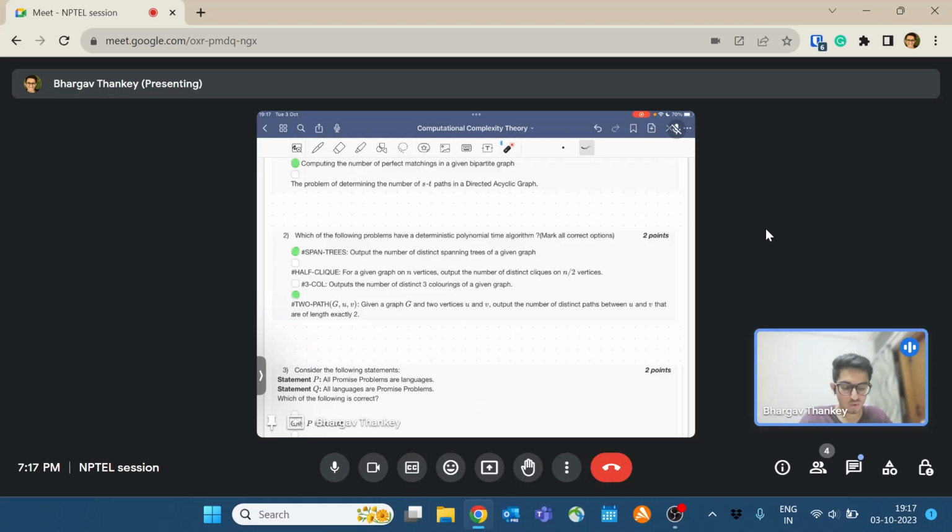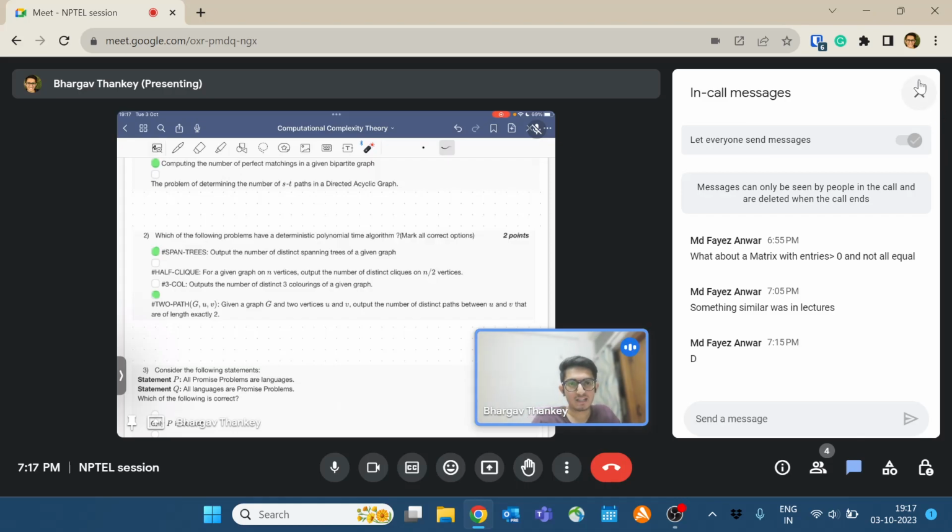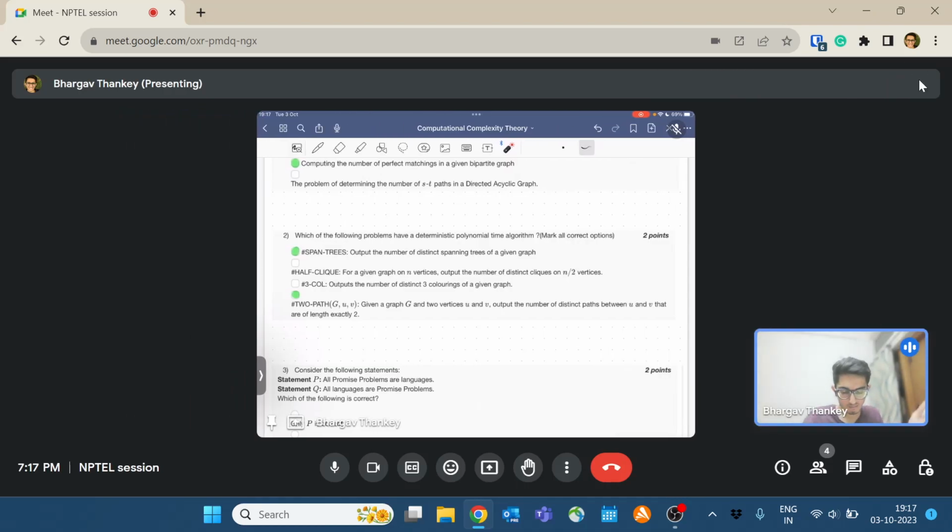So if you could count the number of three colorings or half cliques, then you could also solve the corresponding decision version, and so NP would be equal to P. So unless P equals NP, B and C cannot have polytime algorithms. And since we don't know if P equals NP or not, right now we can't say anything about B and C. So is this fine?